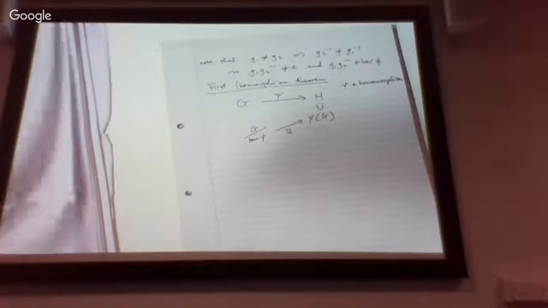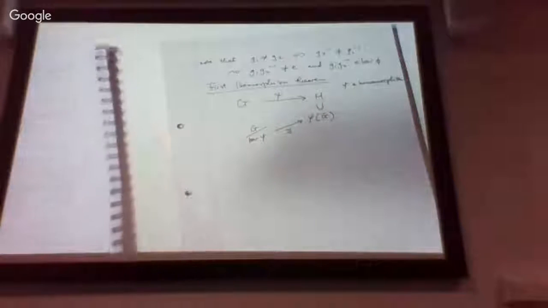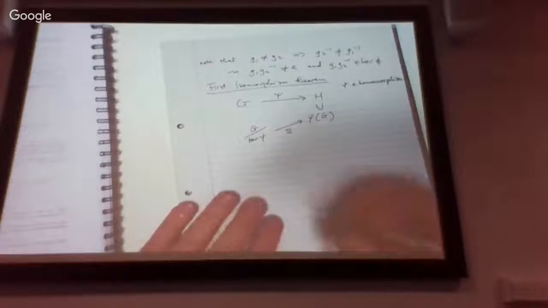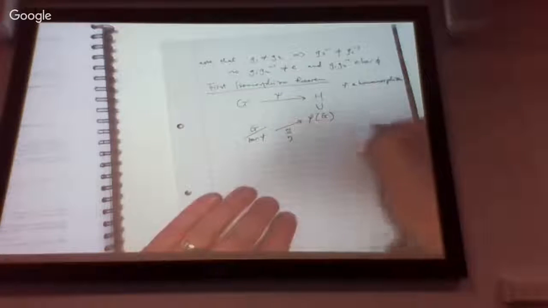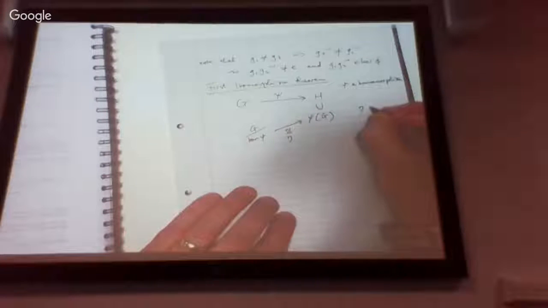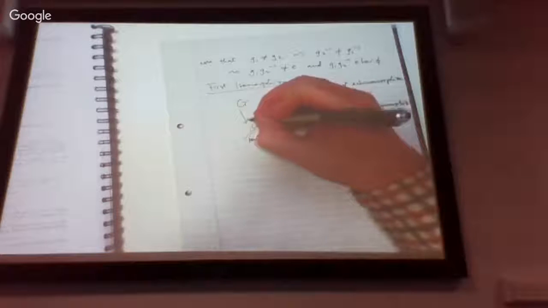Now, what are these mappings that we're going to construct in this theorem? So this mapping here is eta. This is the Greek letter eta. That's going to be an isomorphism. And this mapping here is going to be phi.